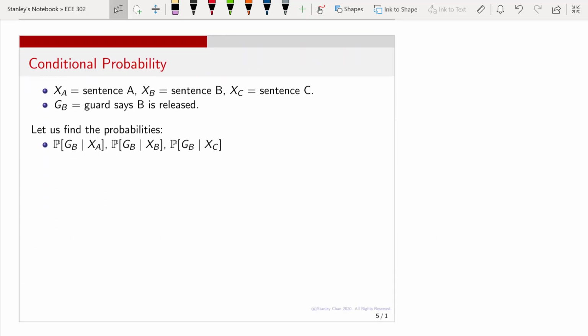Now, let us also consider the following three conditional probabilities.